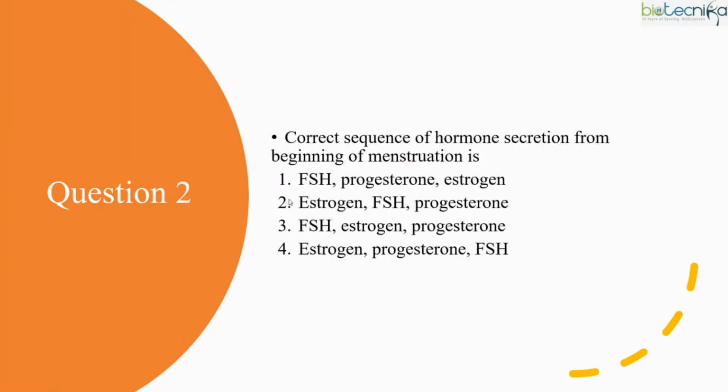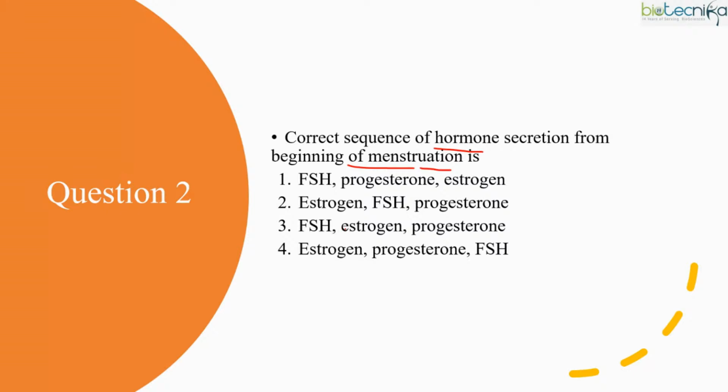Next question: tell me the correct sequence of hormone secretion from the beginning of menstruation. We saw a large number of hormones, but here the sequence being asked is from the beginning of menstruation.